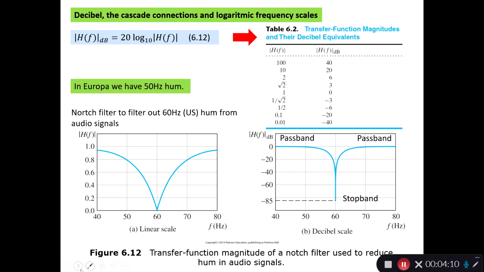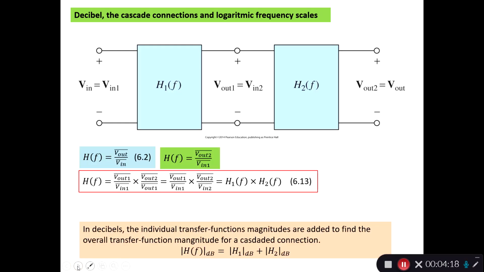Let's go further. Now something about cascading transfer functions. We have one transfer function here that's cascaded with this transfer function. This could be two filters, one low pass filter and another low pass filter. We have to notice here we call Vin equal to Vin1. So this is the Vin of this transfer function, and we get a Vout1.